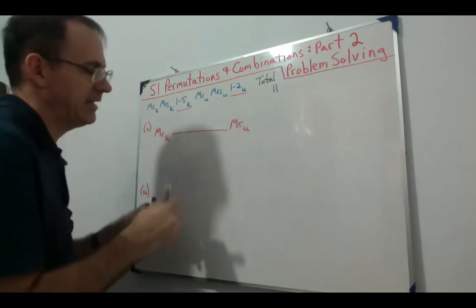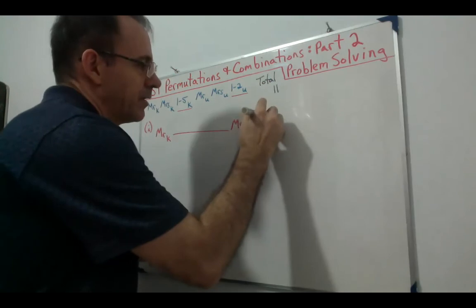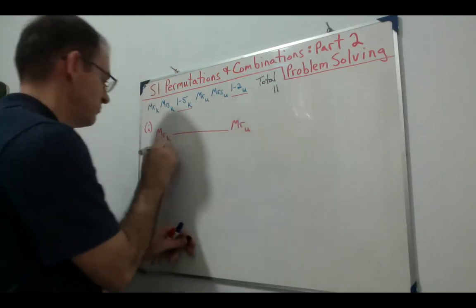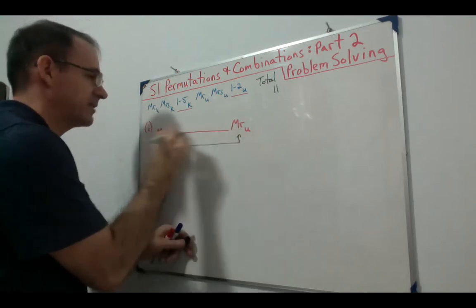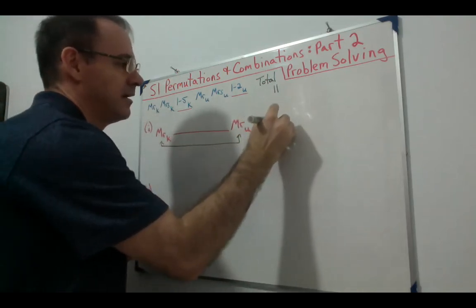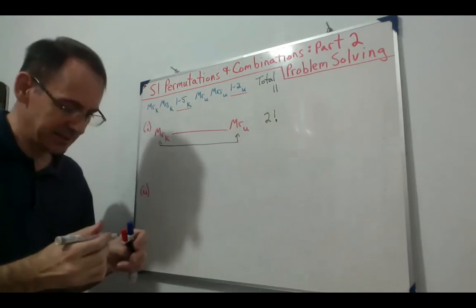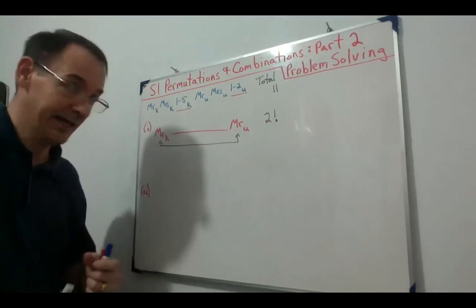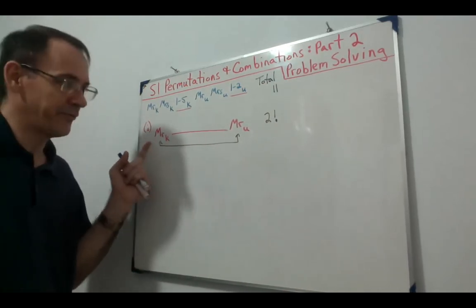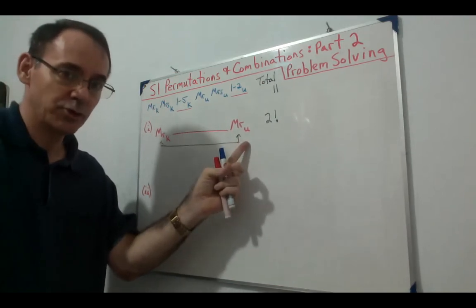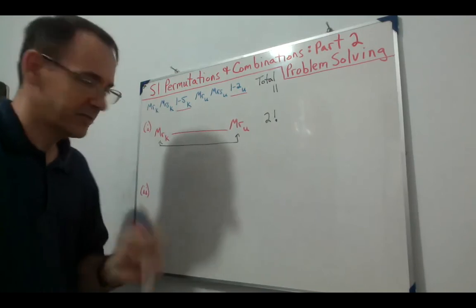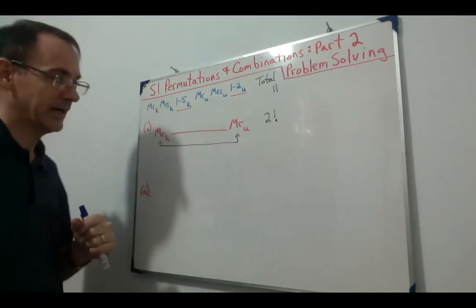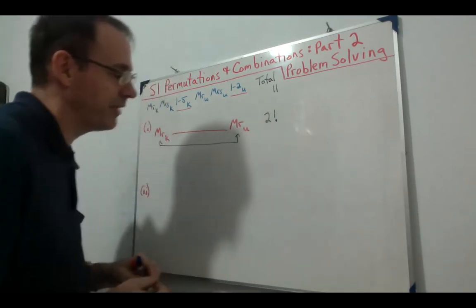So Mr. Keen and Mr. Uzuma make a 2 factorial because there are 2 ways that they could be at the end of the line. So Mr. K could be at the front, Mr. U could be at the back, or Mr. U could be at the front and Mr. K at the back.